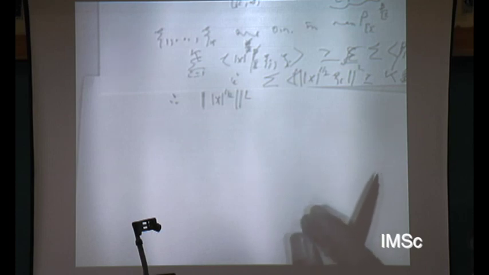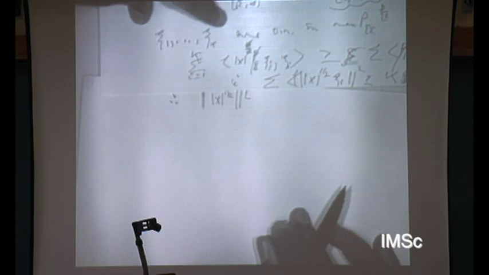So what is the Hilbert-Schmidt norm of mod x to the half? It is the sum of the norms of mod x to the half applied to xi n, squared, for an orthonormal basis. Here I just had some orthonormal set. I extend that orthonormal set to an orthonormal basis any way I want. Then this sum is going to be smaller than or equal to the sum of the entire infinite thing, which is the Hilbert-Schmidt norm.